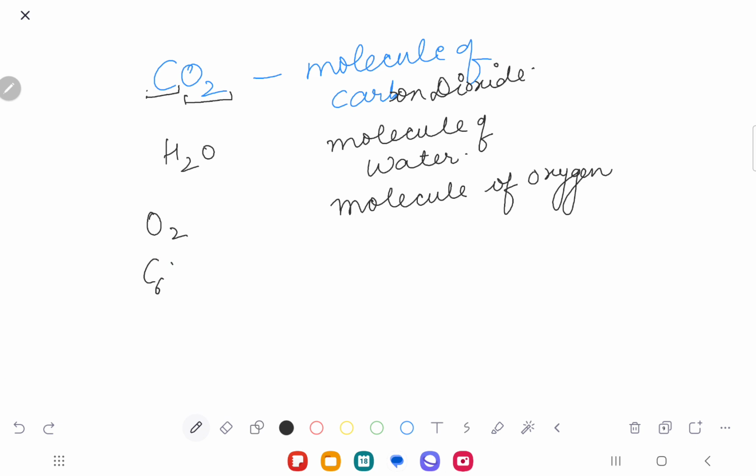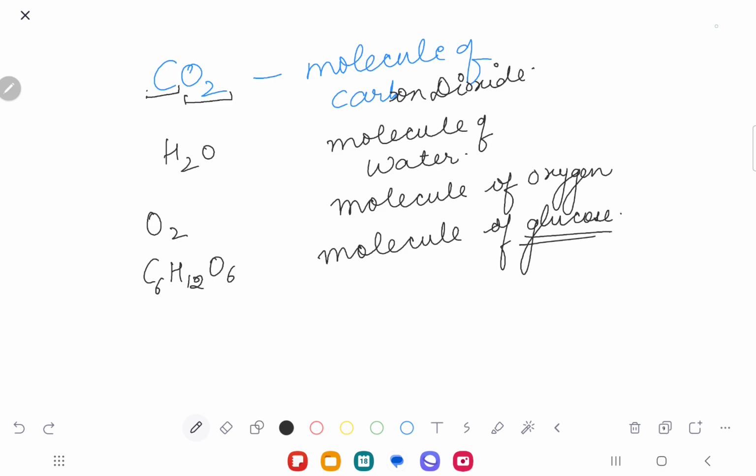When I say C6H12O6, this is a molecule of glucose. Glucose, you know. When I say C12H22O11, this is a molecule of sucrose, or you can understand sucrose is nothing but the sugar that we use.